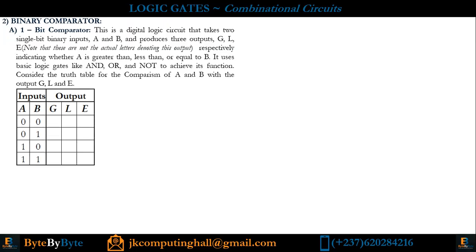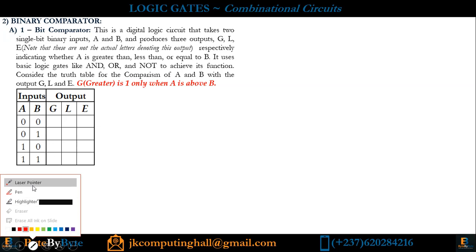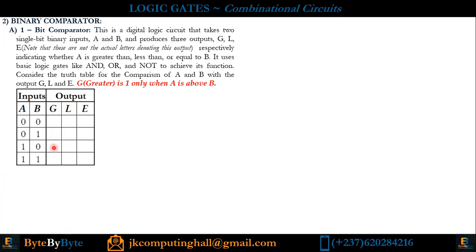Good. As truth table, this is what we have. The inputs and the outputs are labeled. Now, G, which means greater, is 1 only when A is above B. And this is the only case here. L, which means lower, is 1 only when A is less than B. This is the case here.